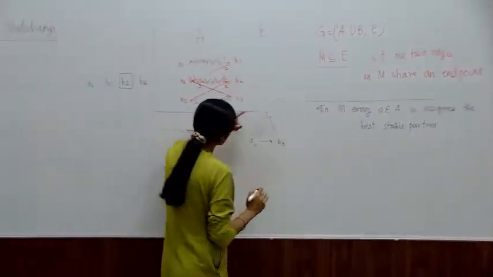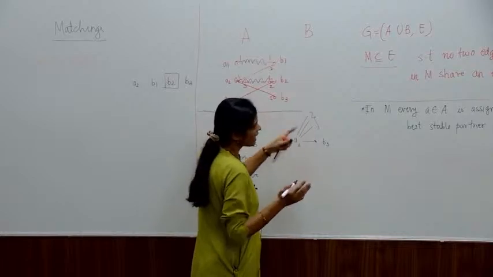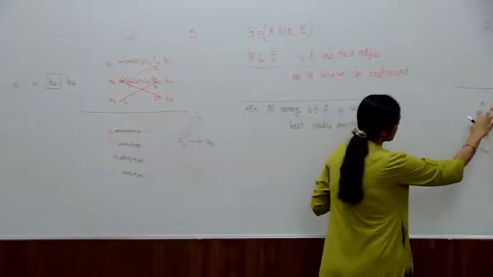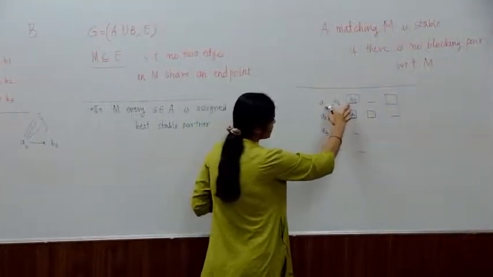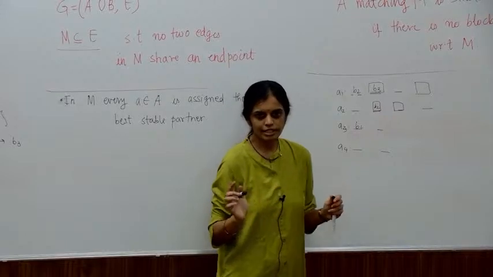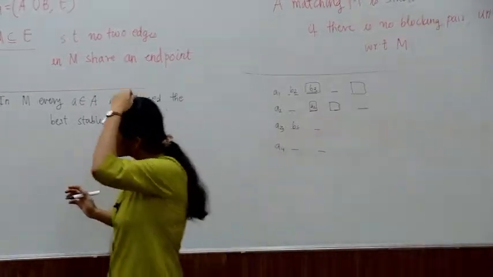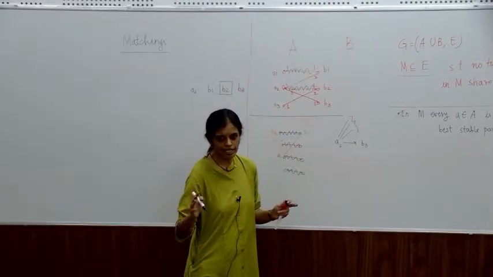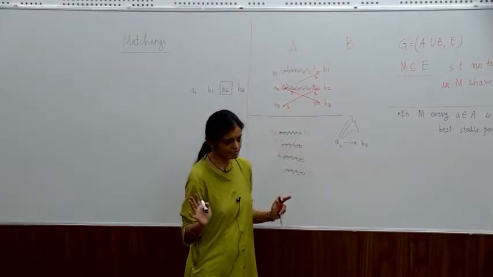Then why did we not assign it during the algorithm? In this concrete example, if we did not assign A1 to B3, B3 must have rejected it. Is this clear? Our algorithm is actually just a sequence of proposals, acceptances and rejections.